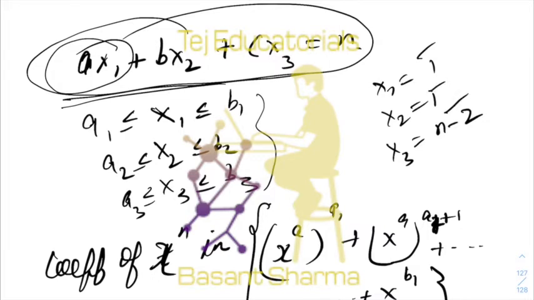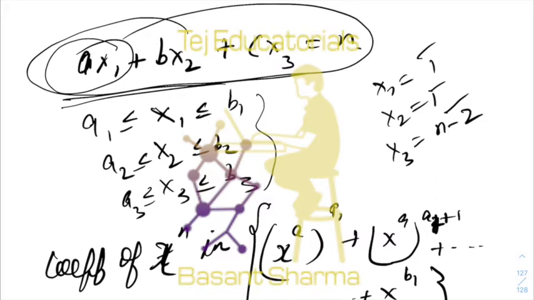Okay, so their sum is, sorry about that. X1 is 1, x2 is 1, then x3 should be, okay, we have a also multiplied here. So see, basically the idea should be clear.